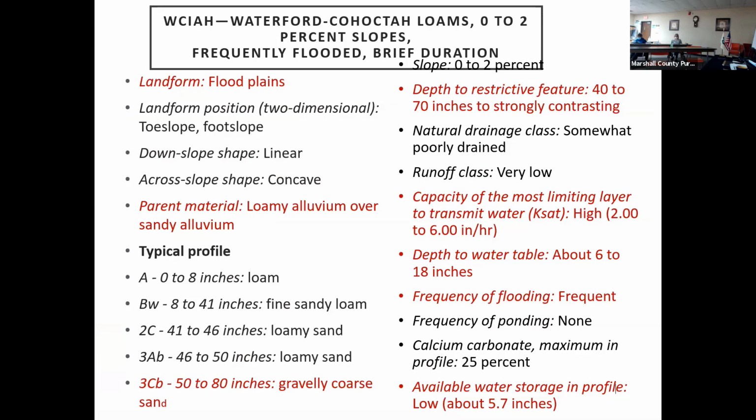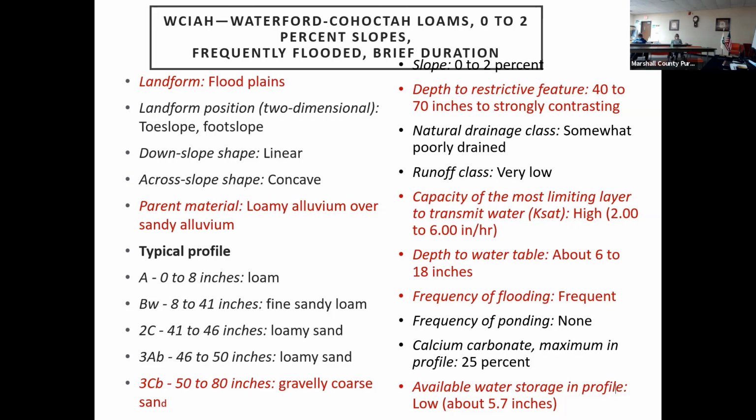The soil is made up of eroded soil components from higher levels, eroding down and collecting in this floodplain. If you look at the structure of the soil, the upper 8 inches is what I call a perfect soil, a loam. And it's a fine sandy loam, a loamy sand. And then the bottom, it's actually a gravelly coarse sand.